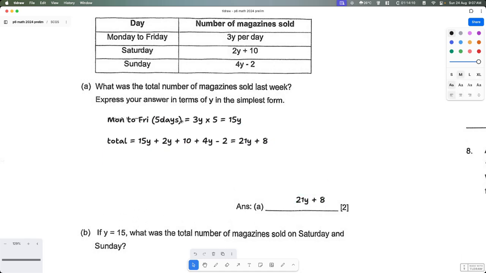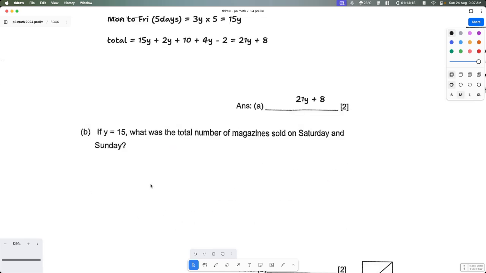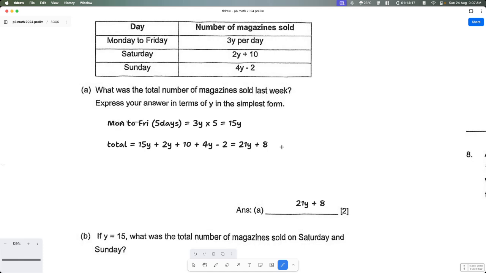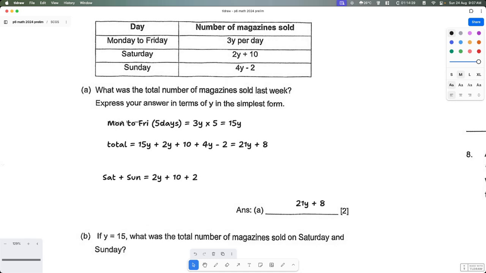Next is part B. If y is 15, what was the total number of magazines sold on Saturday and Sunday? So Saturday plus Sunday is equal to 2y plus 10 plus 4y minus 2, which is basically 6y plus 8.